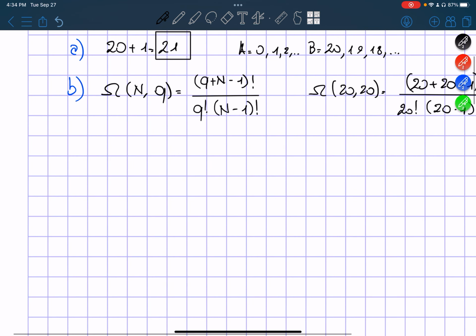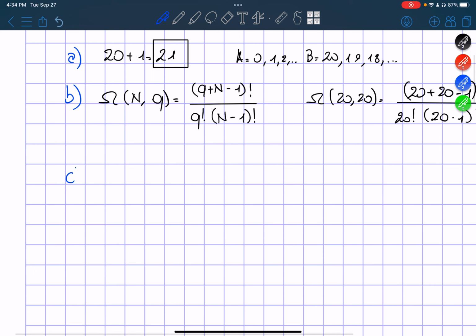Now, what is the probability of finding all the energy in solid A? Well, for part C, we have that solid A has all the energy. So it has 10 oscillators with 20 energy units. Well, this is equal to 10 plus 20 minus 1 factorial over 10 factorial times 20 minus 1 factorial.